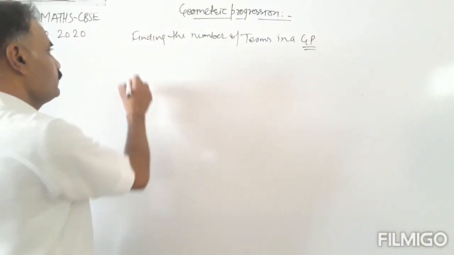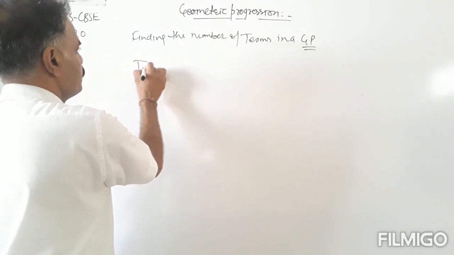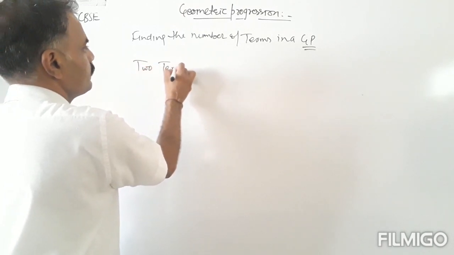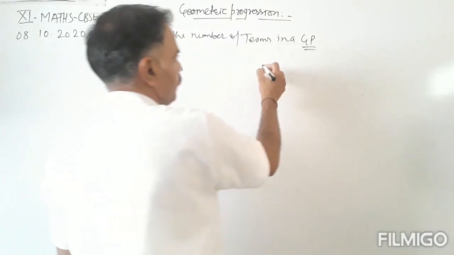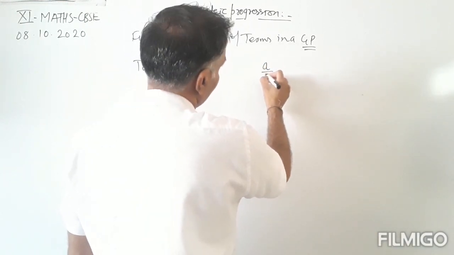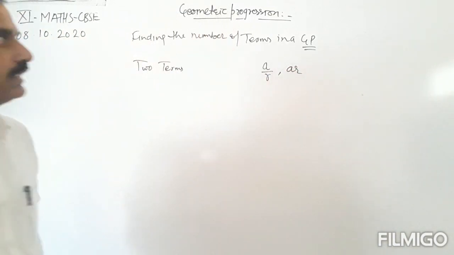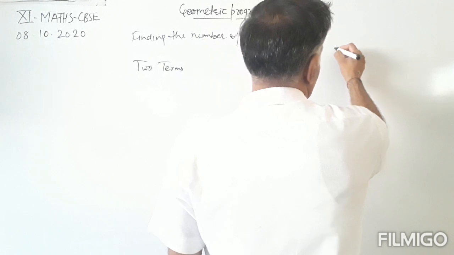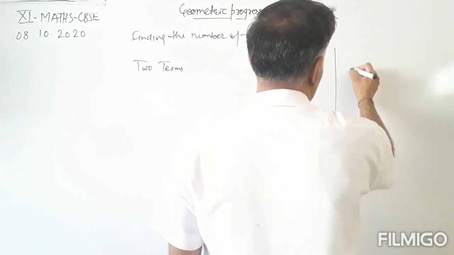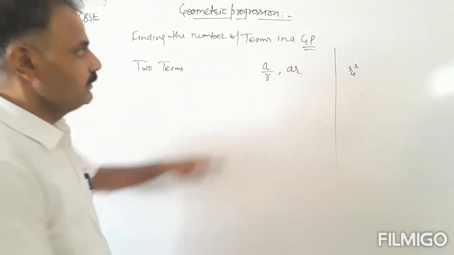If we want to find two terms, then the two terms are of the form a/r and ar. These are two terms, meaning here the common ratio is r square.